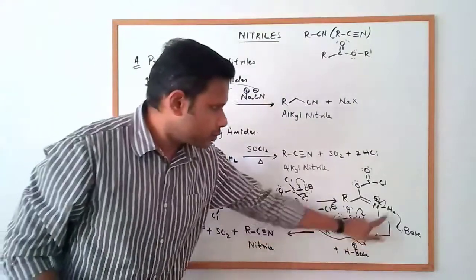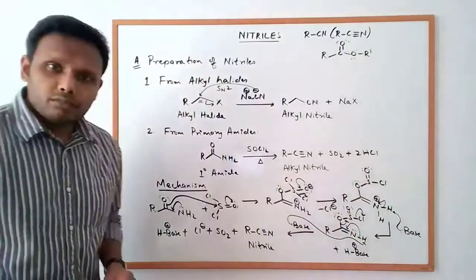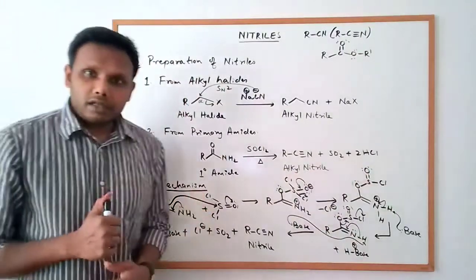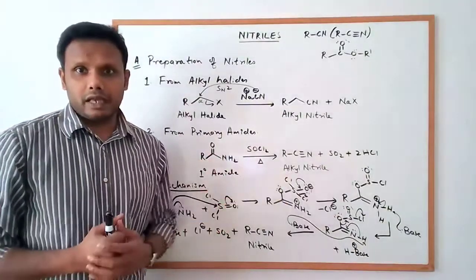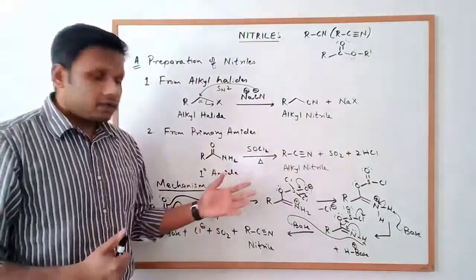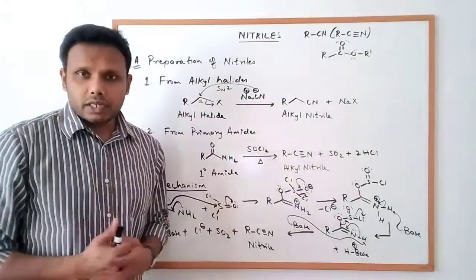And there are two protons that are removed. So overall, that's two HCl molecules. So that's the mechanism for the conversion of a primary amide into an alkyl nitrile. Another method to synthesize these molecules, alkyl nitriles.